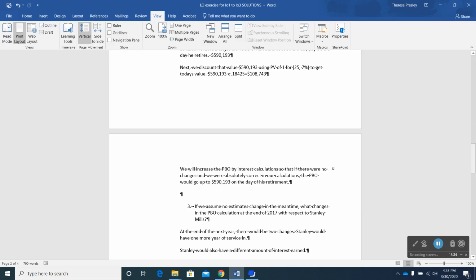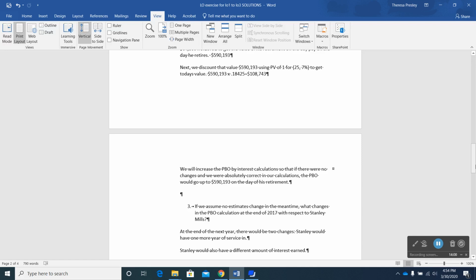So that the PV of 1 calculation, the number of years is going to change. The other thing to think about is the service years. The service years will change, the present value calculations will change, and the annuity is going to change because the number of service years goes into the calculation of that annuity.